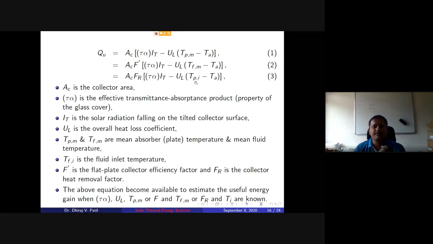If you are using the fluid inlet temperature, TFI, not TPI, then you can get FR, which is known as the collector heat removal factor. So you can get an estimate of the useful energy gain, QU, from this equation if you know certain parameters. This is more on the performance, and there are various books available.